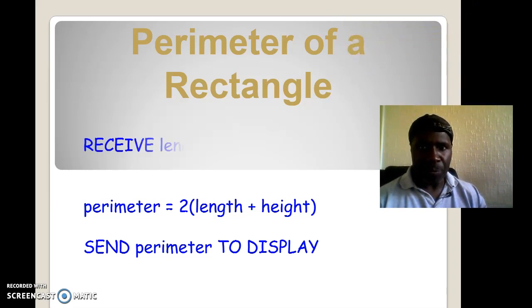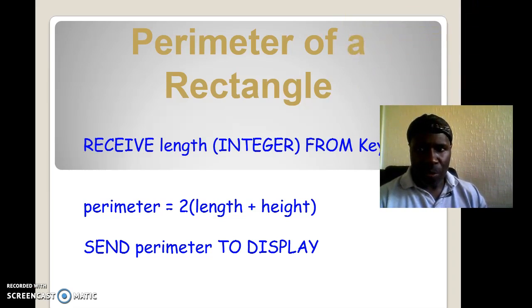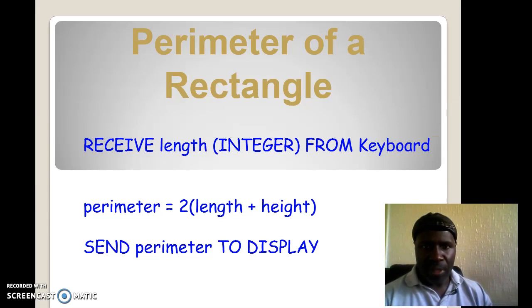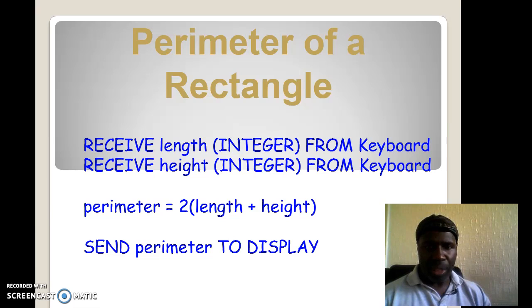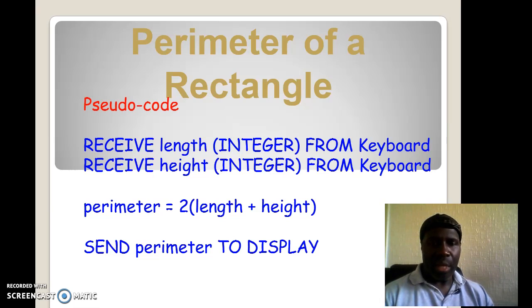So here we go. We receive the length from the keyboard, receive the height from the keyboard, and we create a variable called perimeter containing the formula for calculating the perimeter, and we send that result to the display.